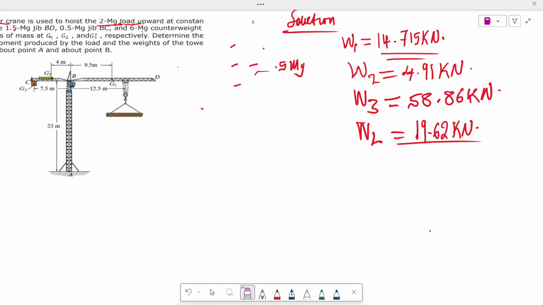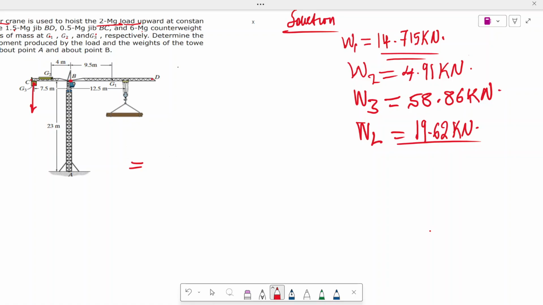You can start with any force you want. Moment of the force about B is the product of force times perpendicular distance. So this is our point B. You can start with G3.